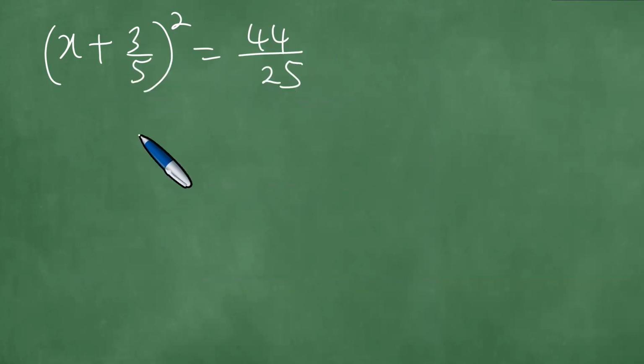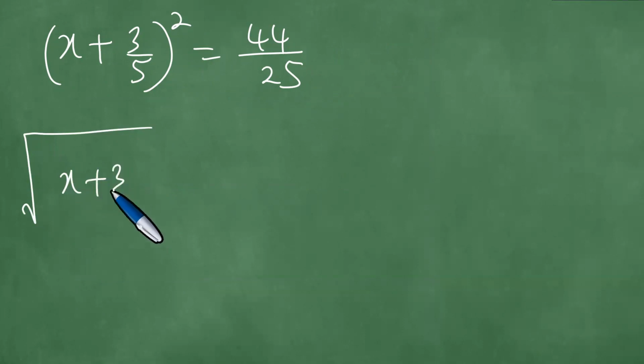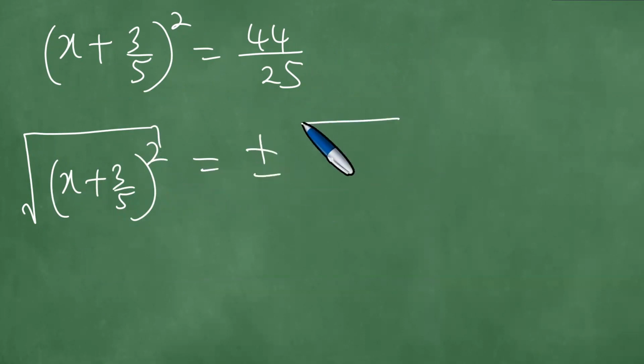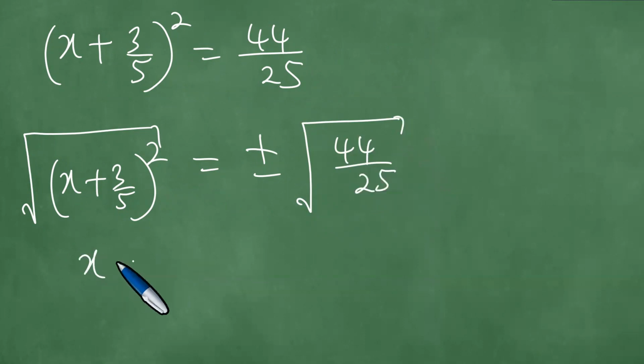And to solve for x here, you take the square root on the left. X plus 3 out of 5, you square this. Plus or minus the square root of 44 out of 25. Which means x plus 3 out of 5 is plus or minus.